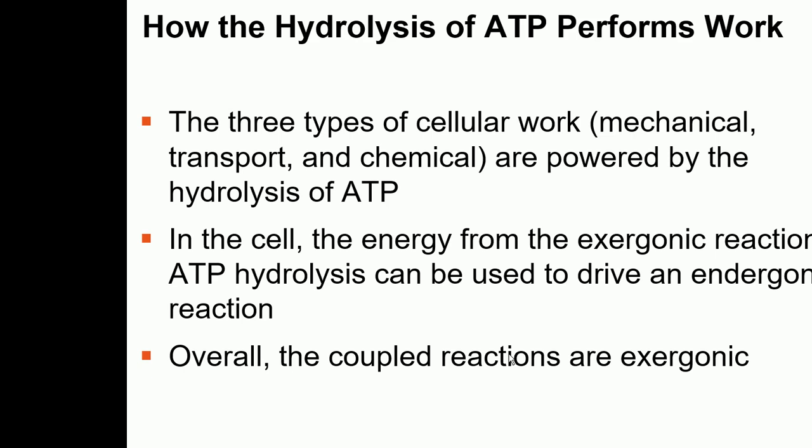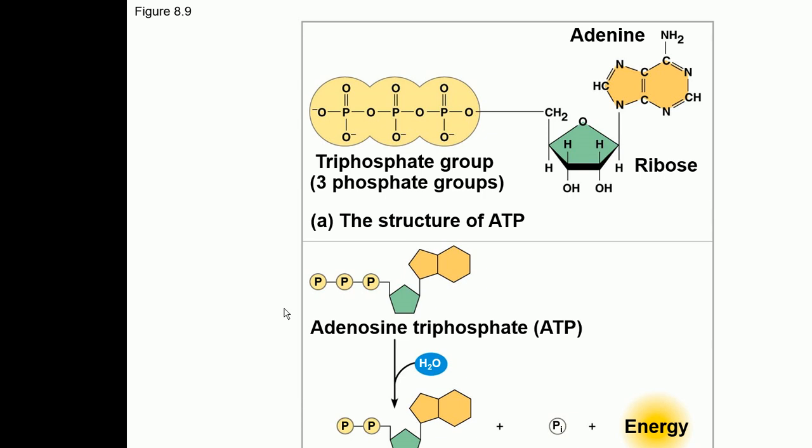So basically, hydrolysis of ATP, the breakdown of ATP to ADP. You can see here, this is ATP and water is being added, and one of the bonds between 2 phosphates will be broken, and ATP will be converted into ADP. Okay, and phosphate will be released, energy will be released.